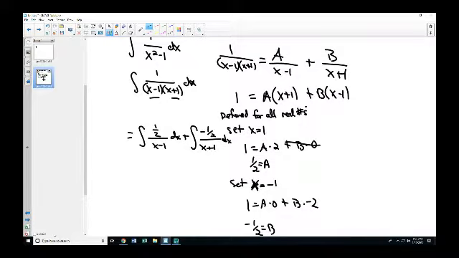Does that make sense? Kind of. So then, would the integral for that be 1/2 natural log x minus 1? Or would you do the fraction first? Plus, oh, -1/2 natural log x plus 1.